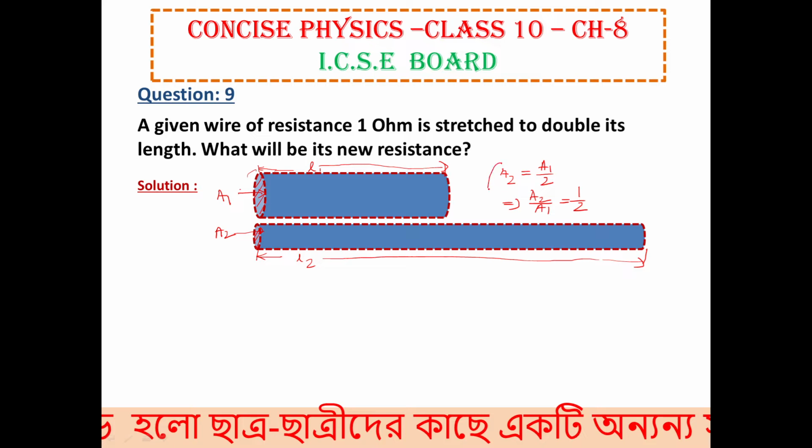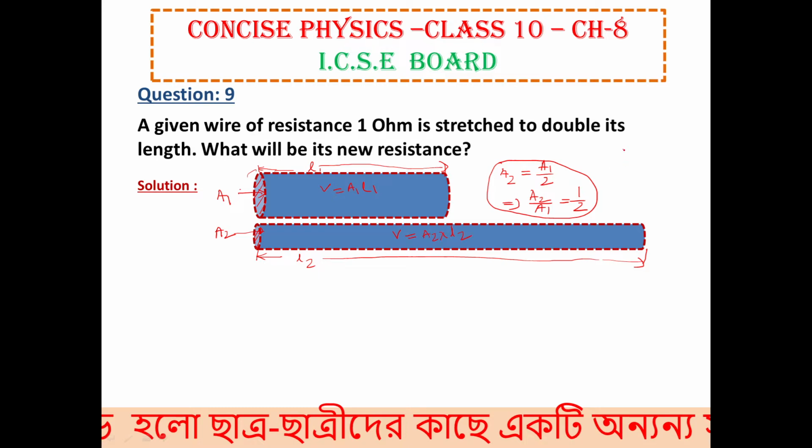How has this come, I am showing you. Here see, the material is same, so the volume in both the cases will remain same. If the volume is V, I can write volume equal to A1 into L1, cross section area into length. In this case also V will be equal to A2 into L2.